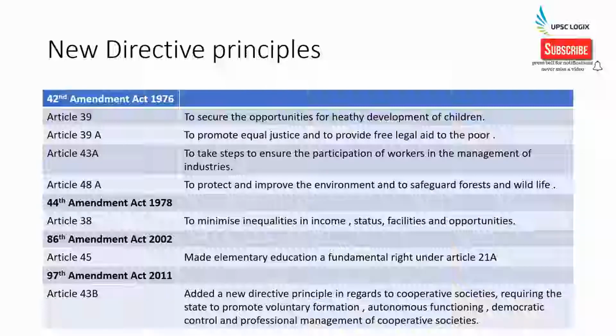The 42nd Amendment Act of 1976 added 4 new directive principles to the original list. So let us have a look at these particular amendments that came into being by the 42nd Amendment Act 1976.